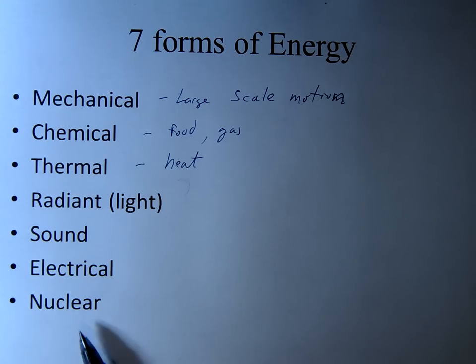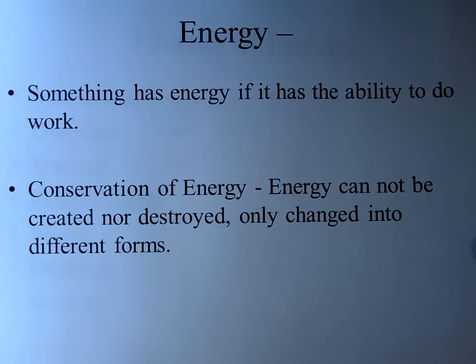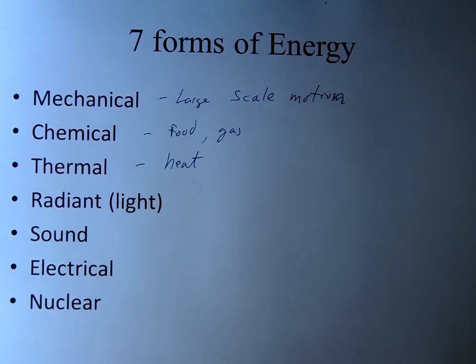And then nuclear energy would be energy contained within the nucleus. So nuclear bombs, for example, use this. The sun is a huge source of nuclear energy. So again, we're going to talk about conservation of energy going forward. It's just a good idea that you have a feel for these various energy forms.